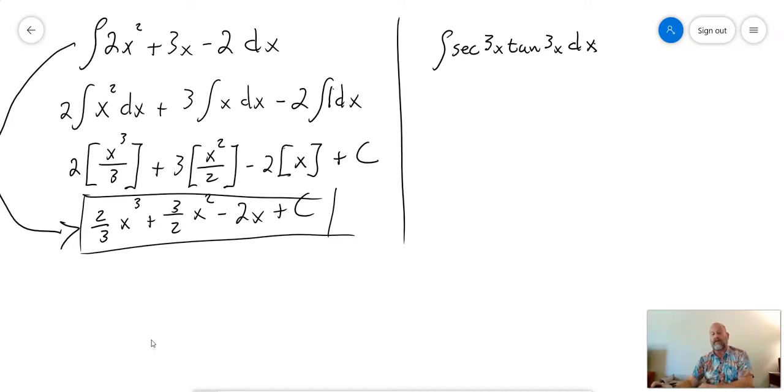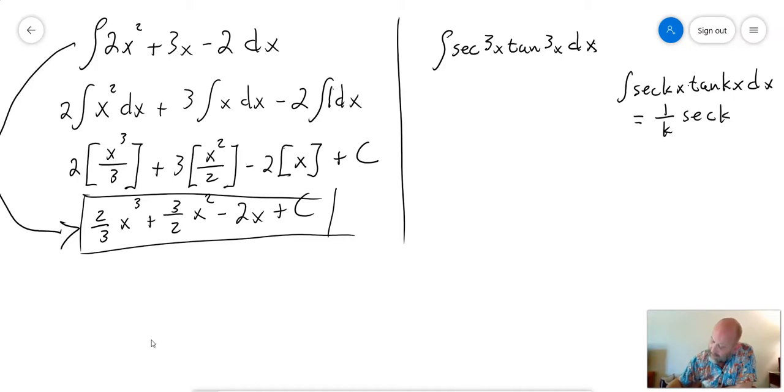Okay, now if you look at that table of integrals or indefinite integrals that I wrote in the last video, you'll notice one of them says that the integral of secant kx tangent kx dx is equal to 1 over k secant kx, right? Well, you notice in this case, k is 3, and it's plus a constant, of course.